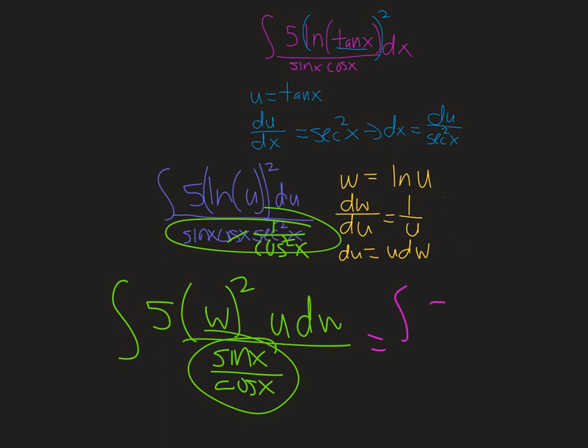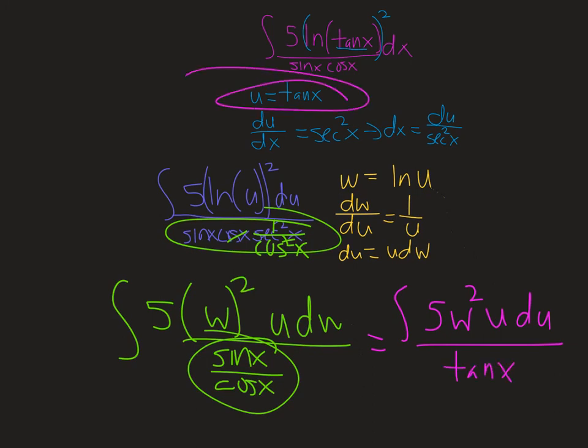So I have 5w squared u du over tangent x. But I know that tangent x is u, so those will cancel out. So I have 5w squared dw. So I could find whose derivative is w squared, it's 1/3 w cubed, and I could go from there. But let's try it a different way and see if it turns out to be easier.